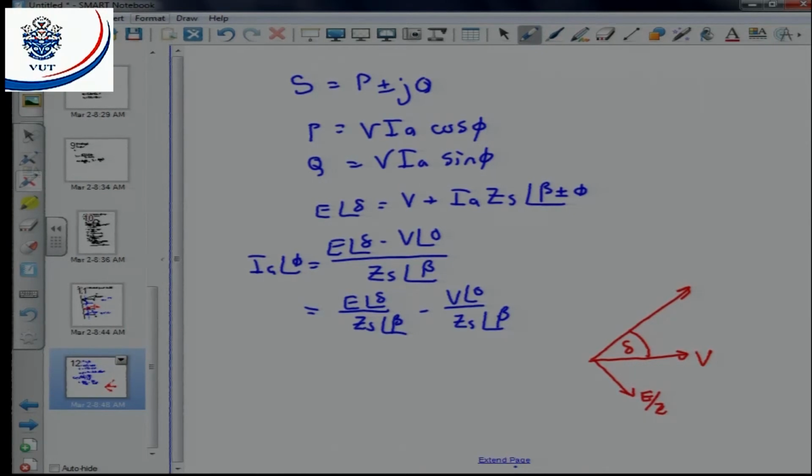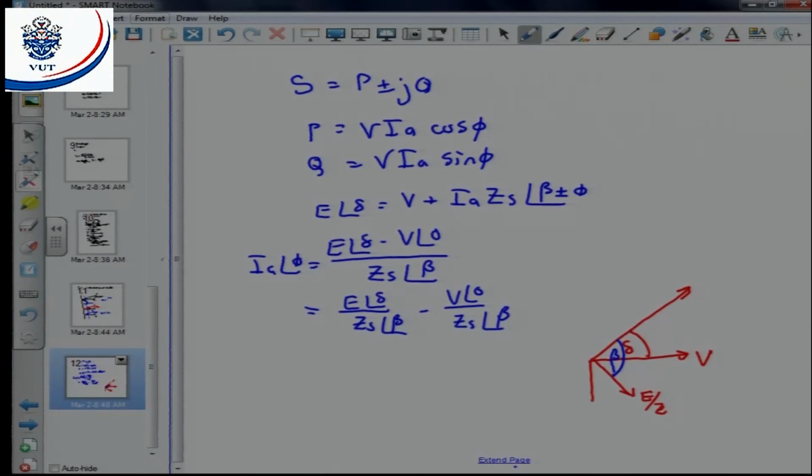The same will happen to V. That will be V over Z. Then this will be angle beta, and the angle between those two remains delta.